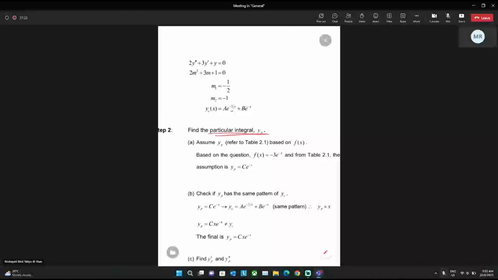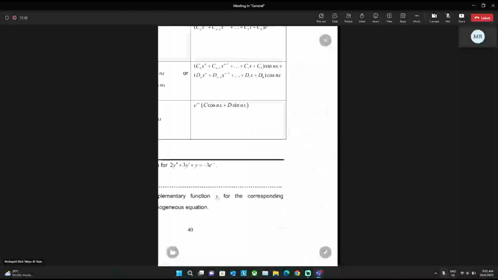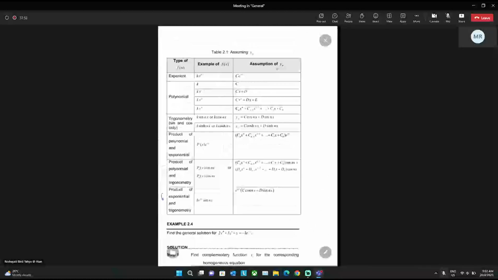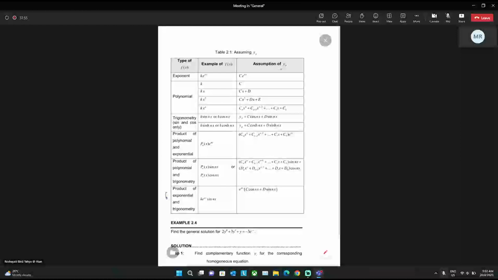The first thing that you need to look at is your f(x), and then refer to table 2.1. We know that f(x) is negative 3 exponential negative x.